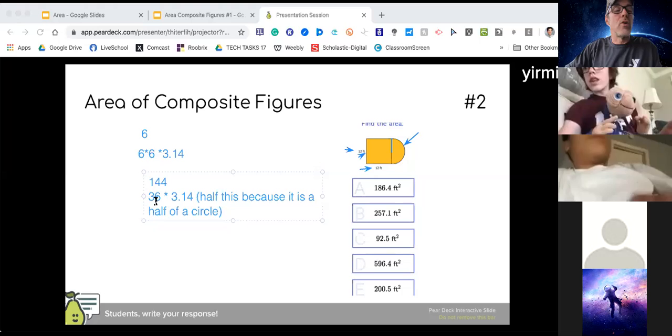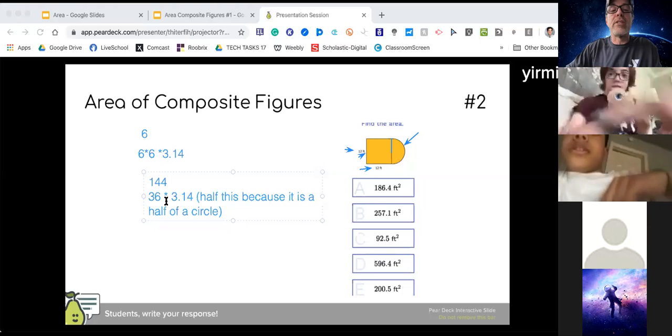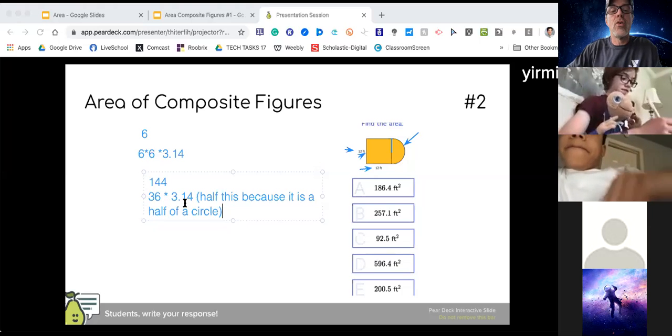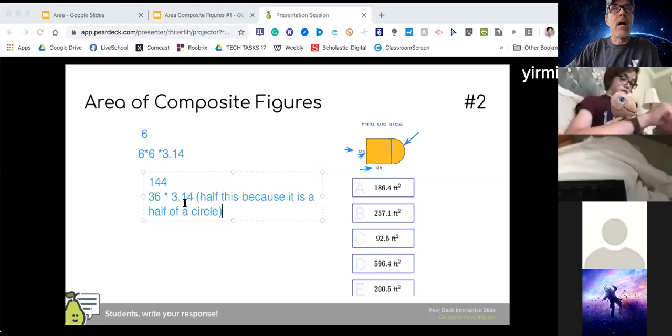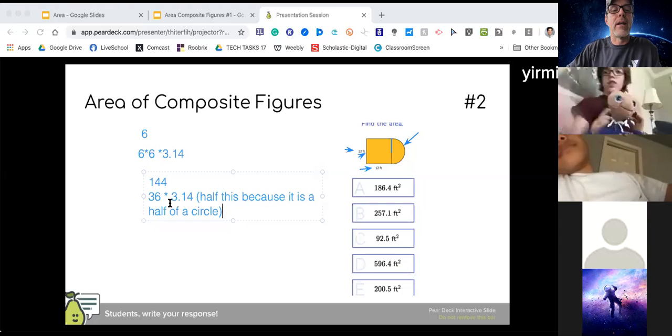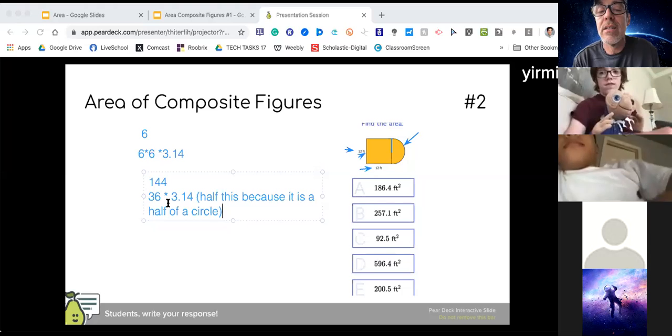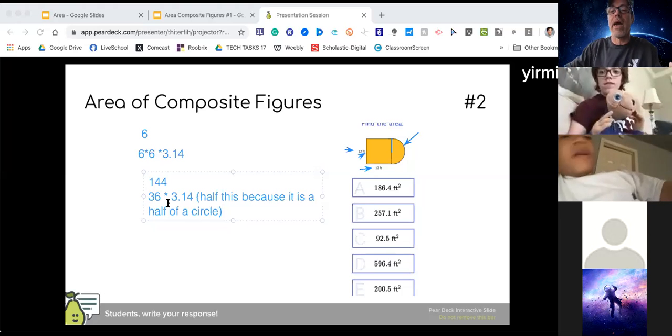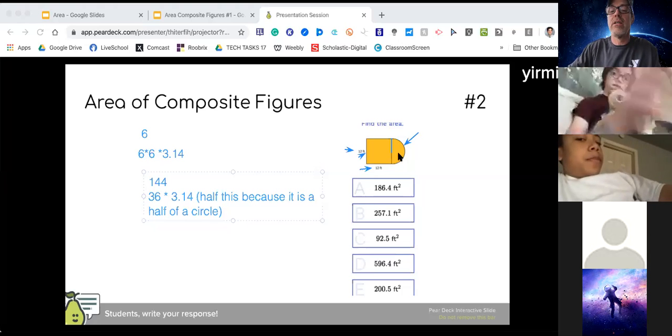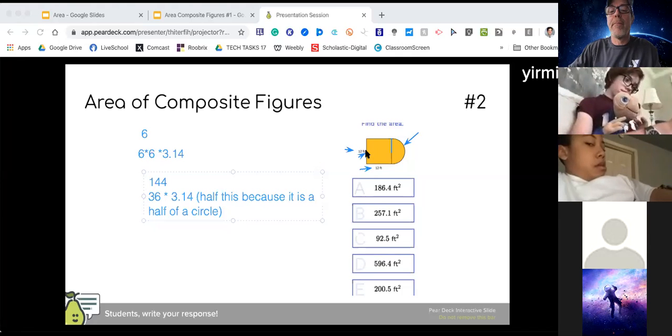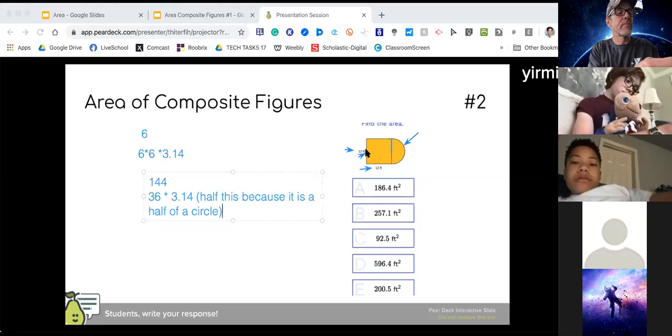Me too. 36 times 3.14, which would be 113.04. But I have to half all that because it's only a half of a circle, correct? And then add that with 144.